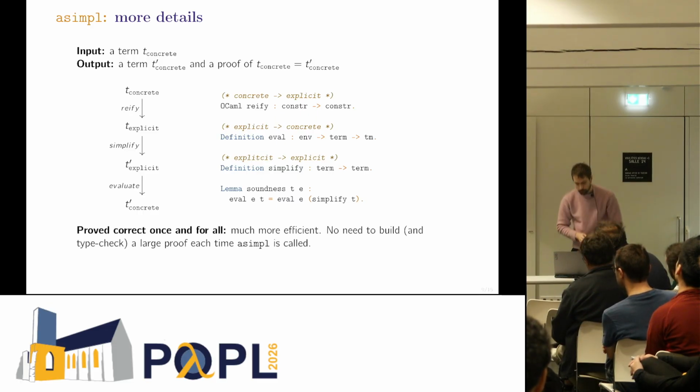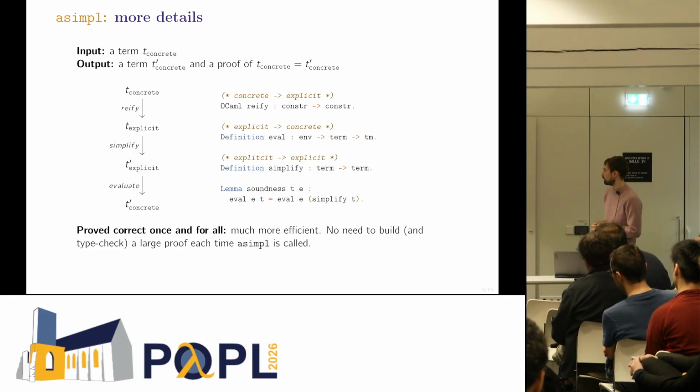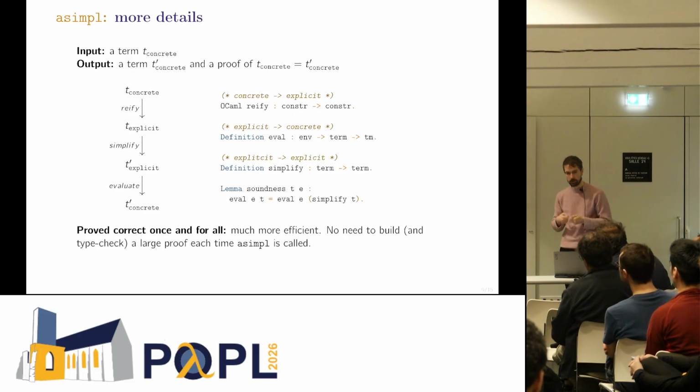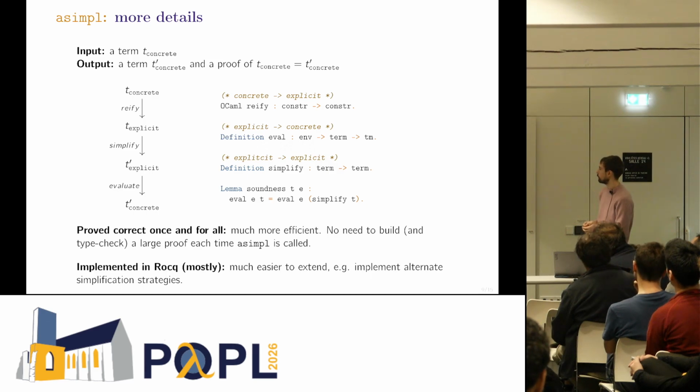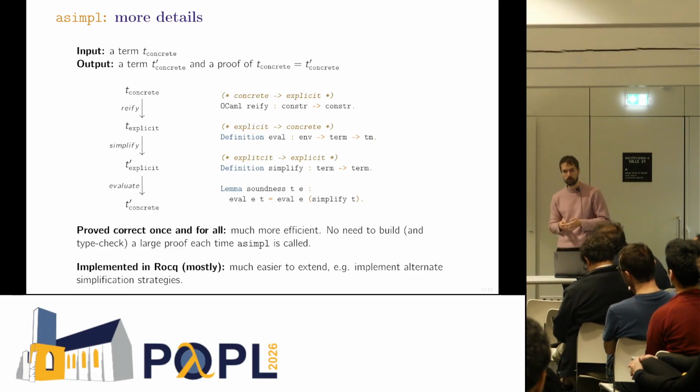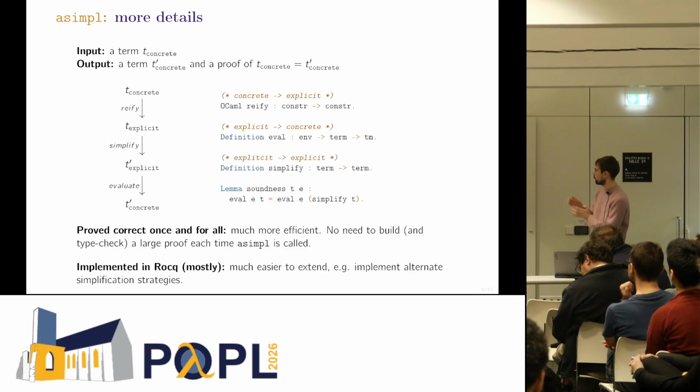And it's because we can prove this procedure correct once and for all that you get efficiency benefits, because you don't need to build and type check a large proof every time you call asimpl. Another benefit is that since the simplification function is implemented in Rocq, it should be quite easy to extend. For instance, the current version is quite naive, but it shouldn't be too difficult to make something a bit more efficient. The hard parts are the metaprogramming parts, like the verification function.